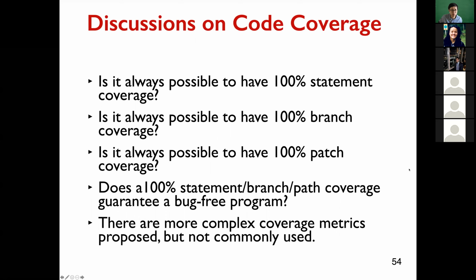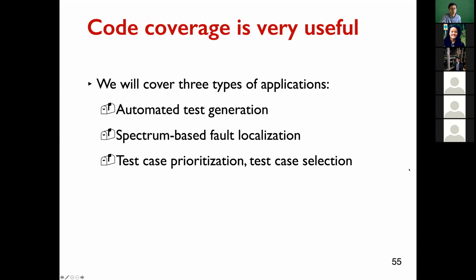There are also more complex coverage metrics proposed but not commonly used; usually it is statement or line coverage and branch coverage. So why do we measure coverage? One way is we want to know how good the test cases are, how well they can cover our source code.